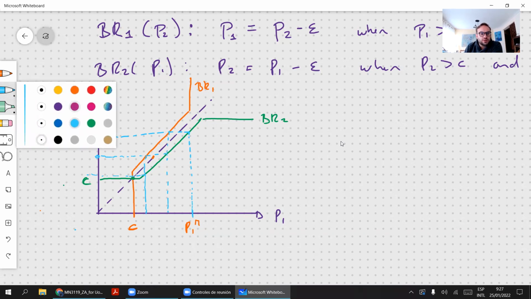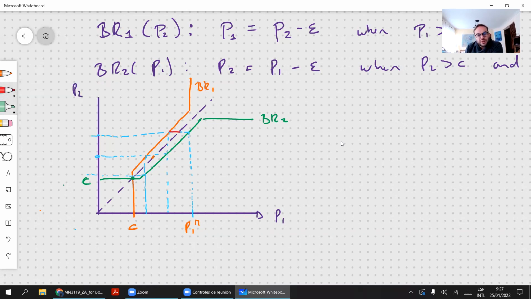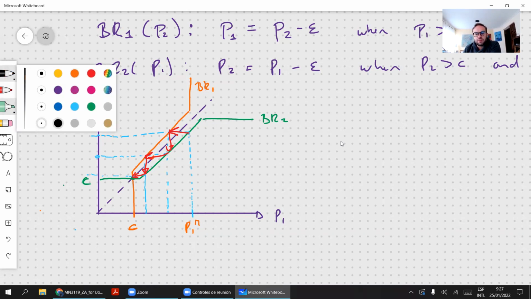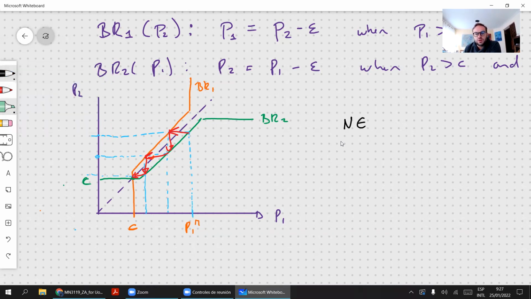So what we get is that the dynamics, whatever point you start with, are going to converge to the point in which the marginal cost is equal to the price. In the Nash equilibrium, the optimal strategy for both firms is to set the price equal to marginal cost. If you begin from here, you're gonna have the same.